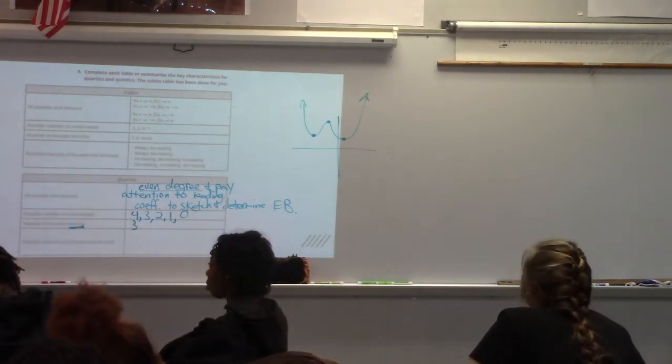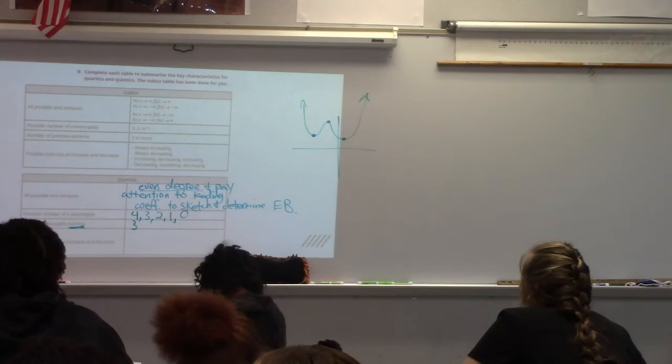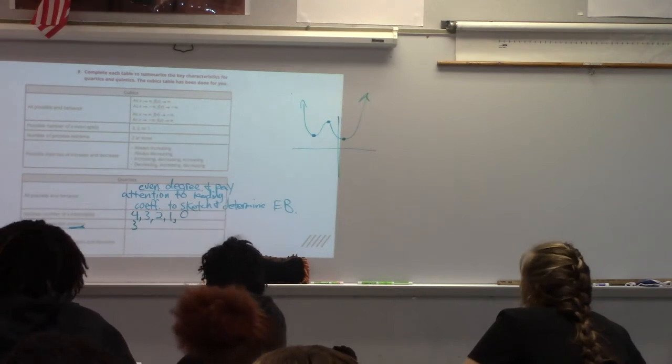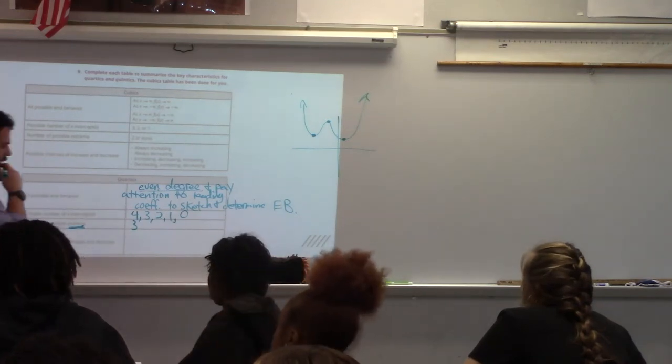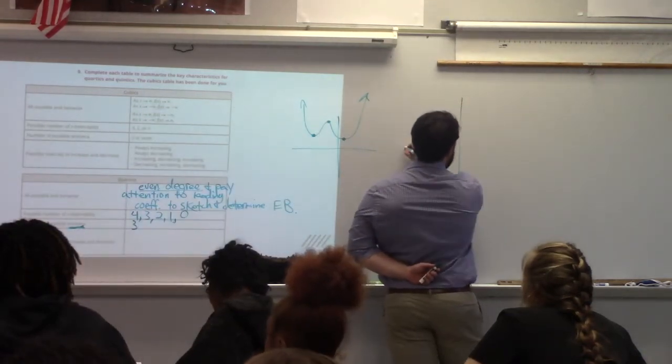Is it possible to have a different number of extrema? Yes? No? Maybe so? Anyone have a prediction about how I could sketch a quartic with a different number of extrema?